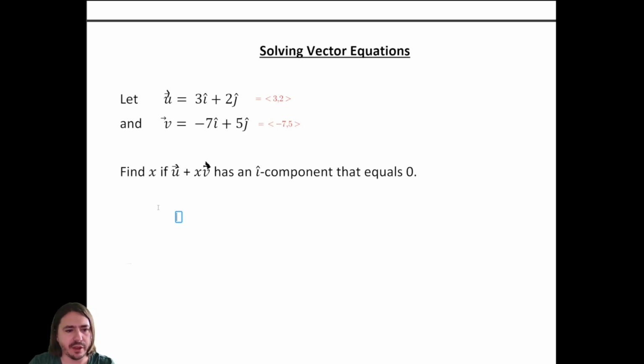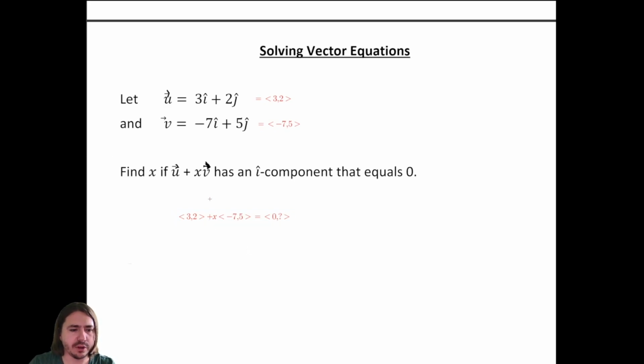Let's make that a little more obvious. So basically we're saying vector u, which is <3, 2>, plus x times vector v, which is <-7, 5>, equals some new vector where the i component, the horizontal component, is 0. The vertical component we don't really care about.